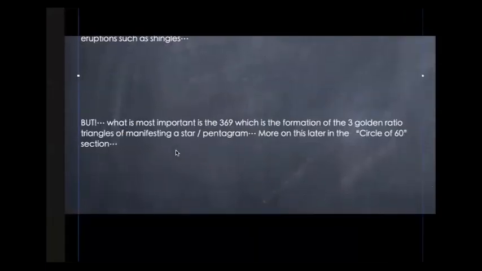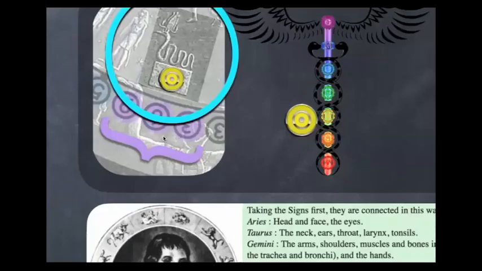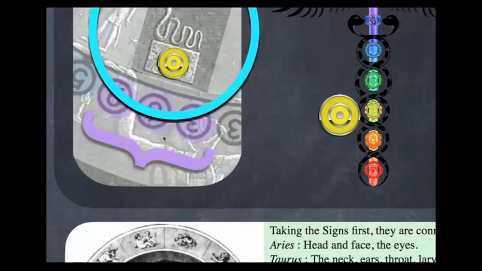But what is most important is the 369, which is the formation of the golden ratio, the triangles of manifesting a star, a pentagram. More on this later in the Circle of 60 section, right? So remember, the 369 sits here. When I first discovered and flipped the Dendera Zodiac and put the Circle of 60 and tried to make logic out of it, as soon as I saw that line up with that, it's like, bingo.